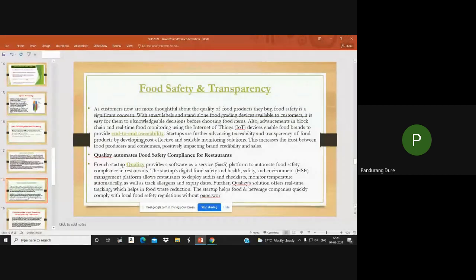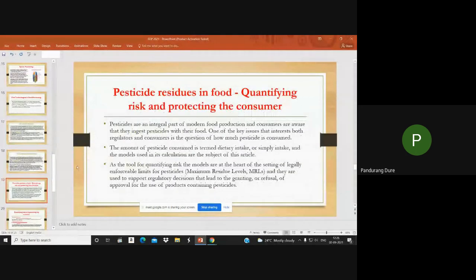All these changes are easily denoted by this technique of food safety and transparency. In that, end-to-end traceability is there. There are again some startups in this sector, like Quality Automats from France, which are working on this new technology.